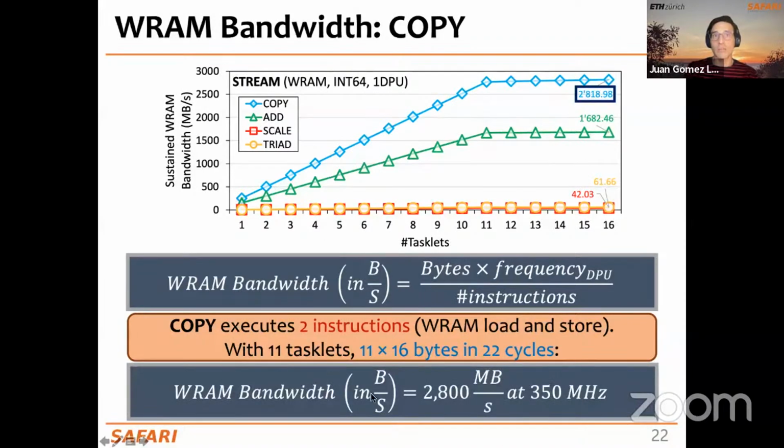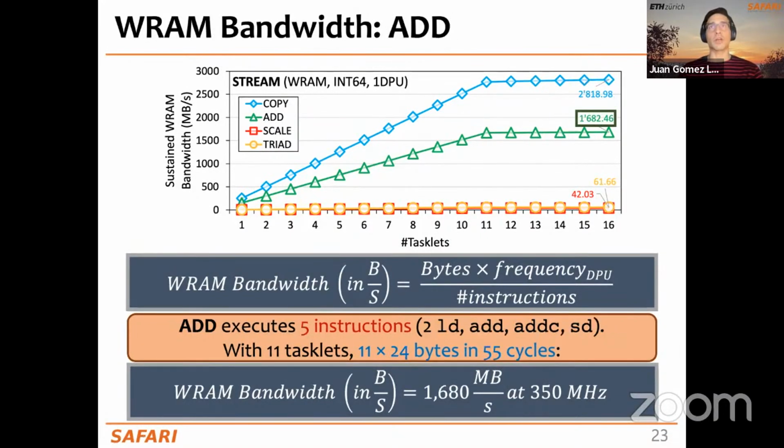By using these numbers, we can estimate the WRAM bandwidth for copy as 2,800 megabytes per second at a frequency of 350 megahertz. And as you can see in the plot, it's more or less what we are measuring in our experiments.